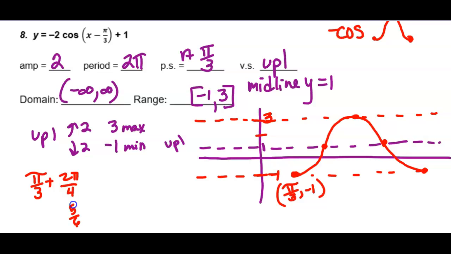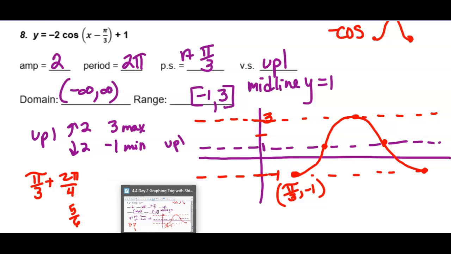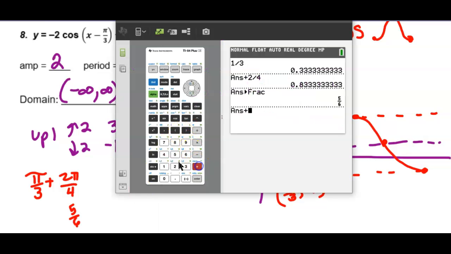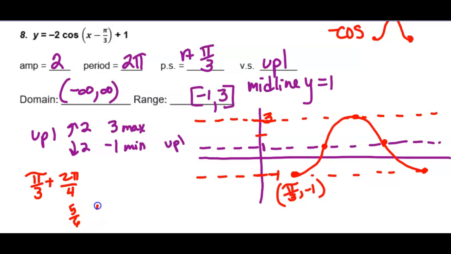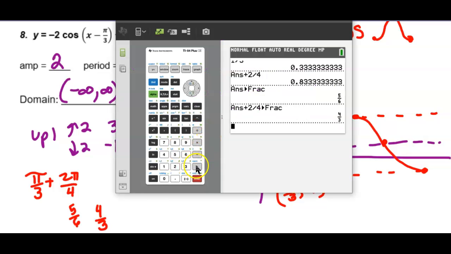Then you're supposed to add another 2/4. And you don't have to hit enter, you could just hit math, enter, enter. And that's going to be 4/3. Then you're going to add another 2/4.